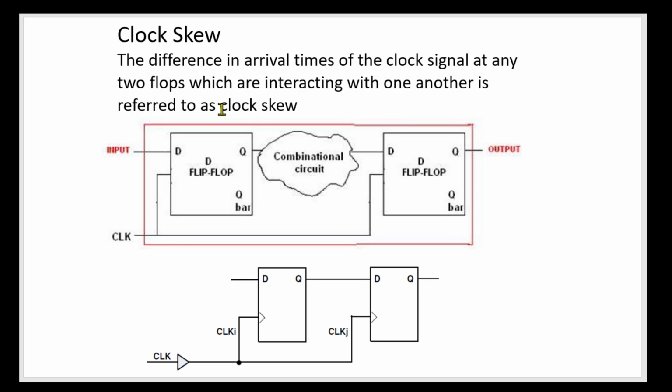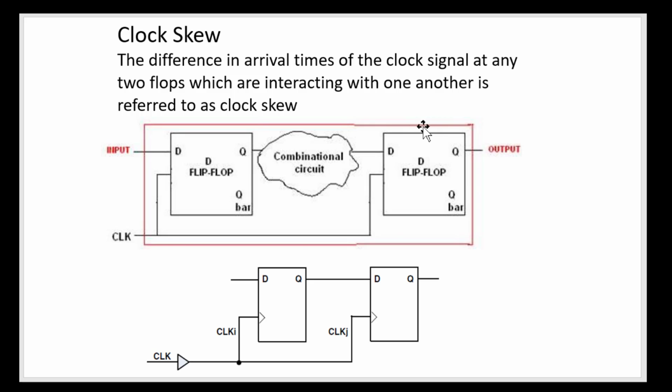Suppose the clock skew is too large, suppose this is the time difference between the clock input to this flip-flop and this flip-flop, say a large amount, let's say 10 seconds. In those 10 seconds, even though this input makes a change on this flip-flop and its output is generated here, this output will not be applied to the other flip-flop because it did not receive the clock, because there is a large delay here.